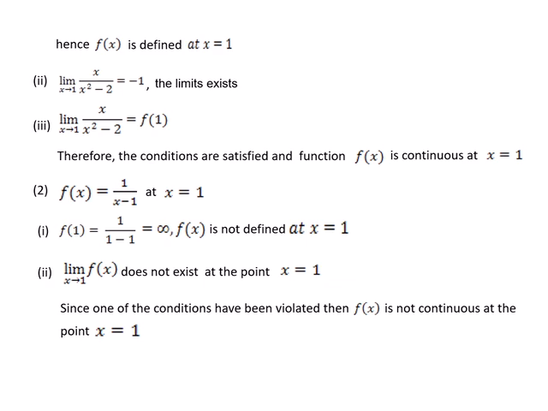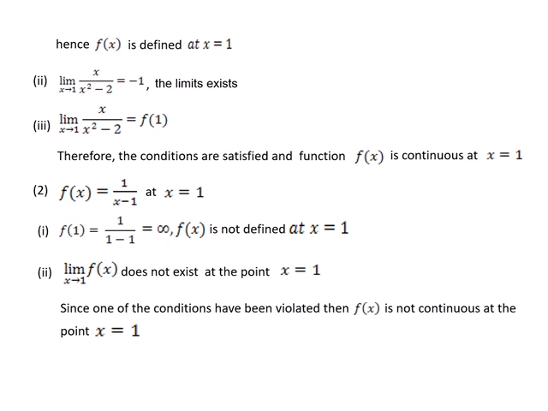So f of s is not defined at s equal to 1. Here also, at Roman figure 2, the limit of f of s as s approaches 1 does not exist at the point s equal to 1.